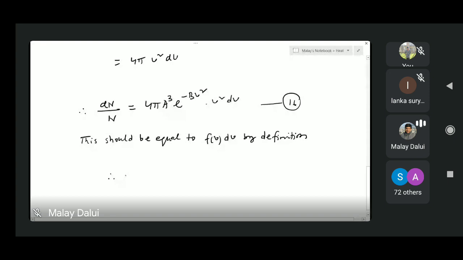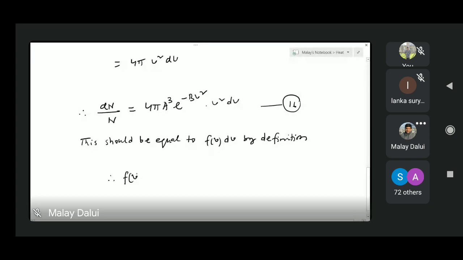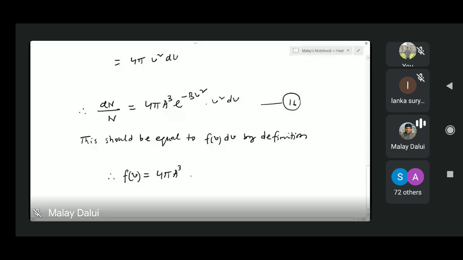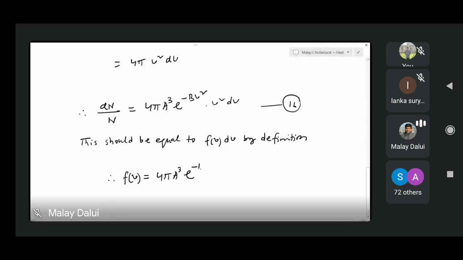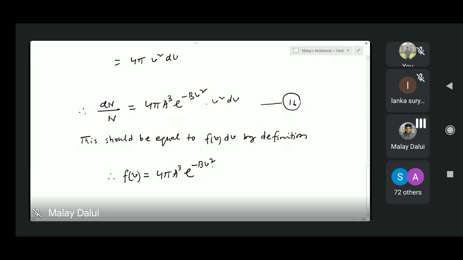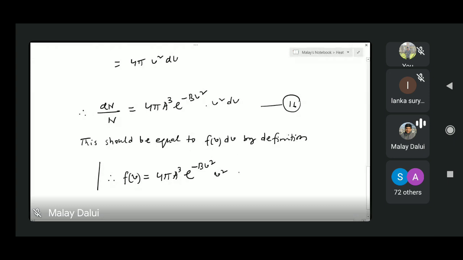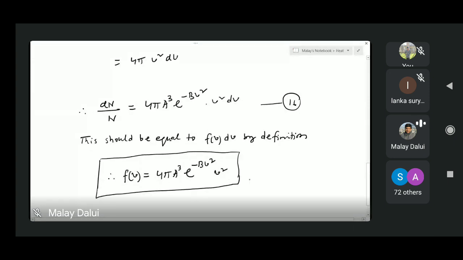Therefore, you can write f of v to be 4 pi a cube e to the power minus b v square, v square. So we found the expression for f of v, the probability distribution function or the velocity distribution function.